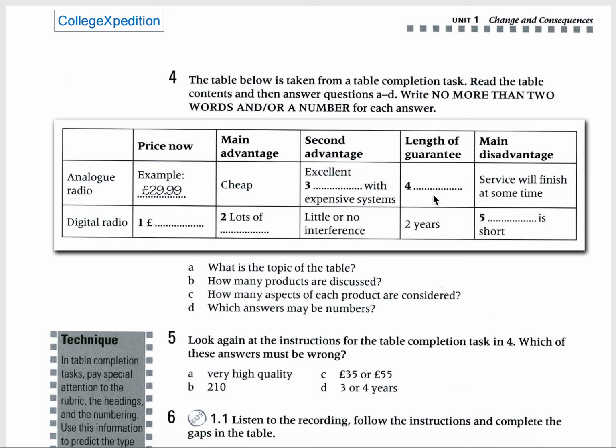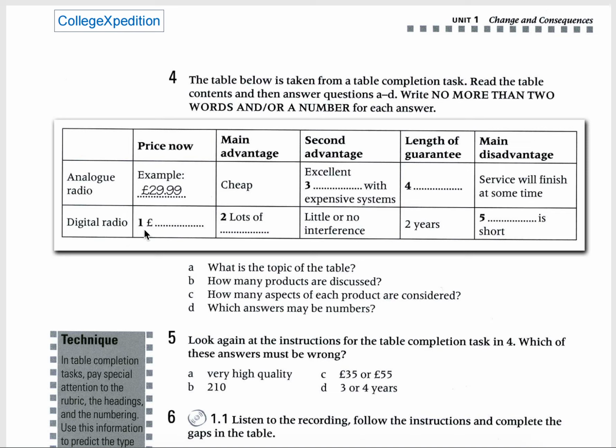So as you can see here, there are things that can be hints for us to answer the blank space. So look at number 1, the hint here is the symbol.